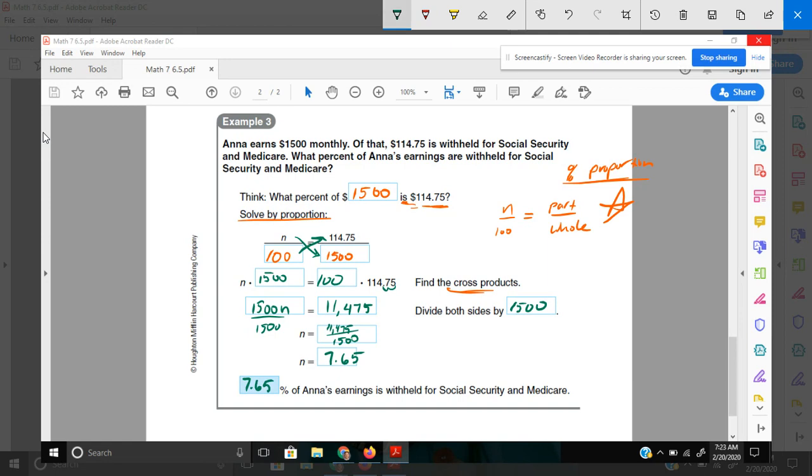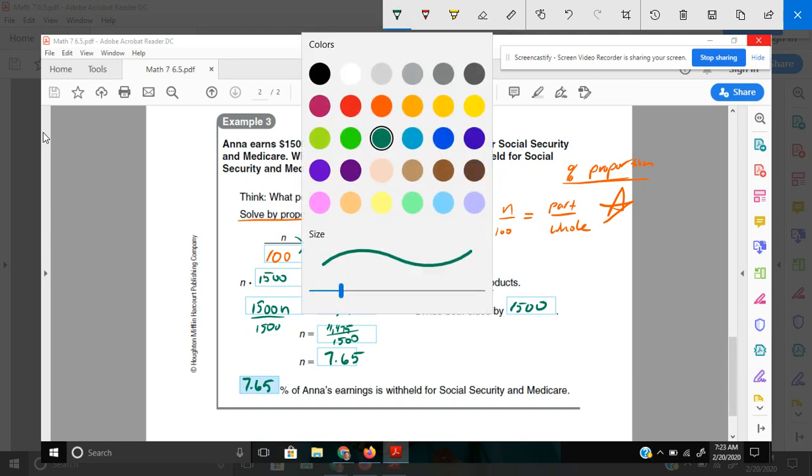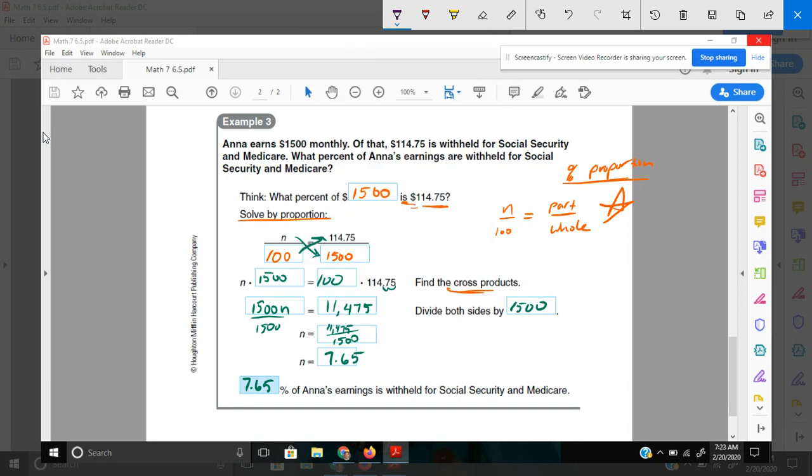The other way that I think about this problem is I just keep it pretty basic, and I think here is my part. So I have $114.75, and I'm dividing that by my total, which is $1,500. So if I took 114.75 and I divided that by 1,500, I would come up with 0.0765.